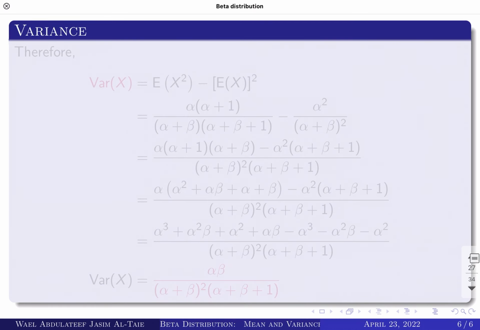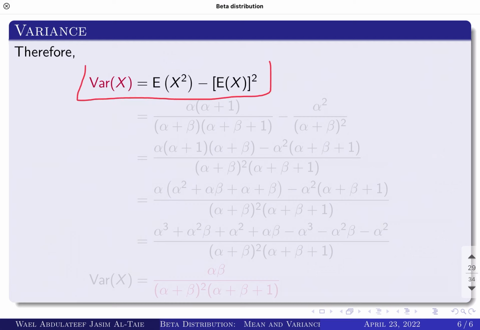Now this is the expectation of x squared, so the variance of x equals E of x squared minus E of x all squared.